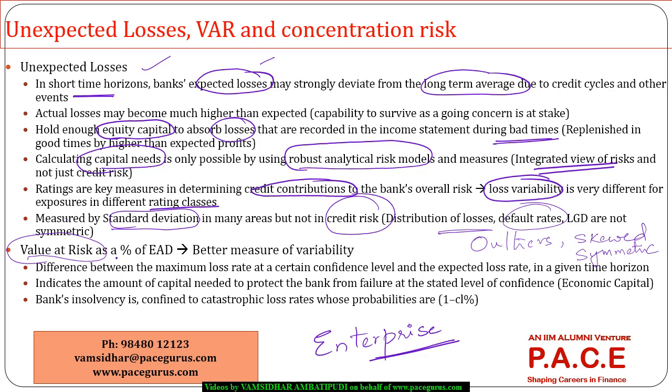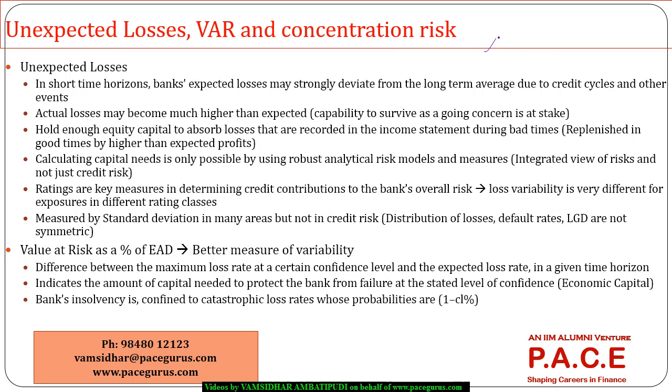And in case of value at risk, we talk about the difference between what is the maximum loss the bank can have at a particular confidence level. So let me quickly draw out a diagram.